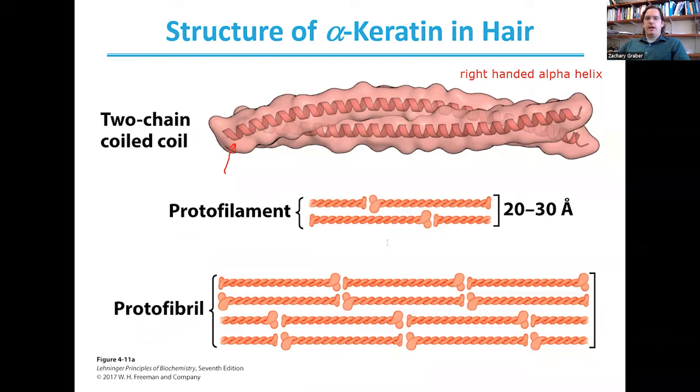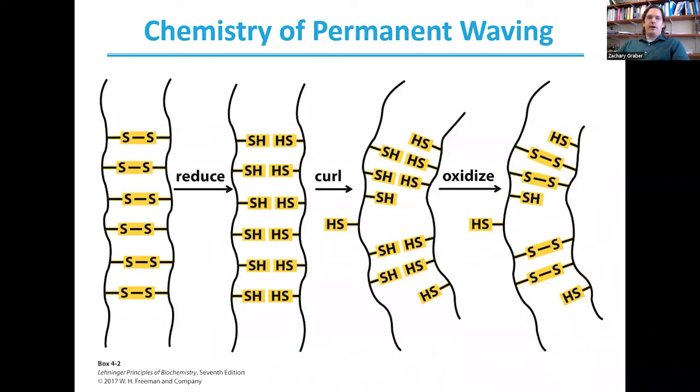So approximately 18% of our amino acids are cysteines. Cysteine, of course, has that thiol that can bond together to form our disulfides. So within our alpha-keratin, we're going to have a large number of disulfide bonds linking our different alpha-keratin units together.